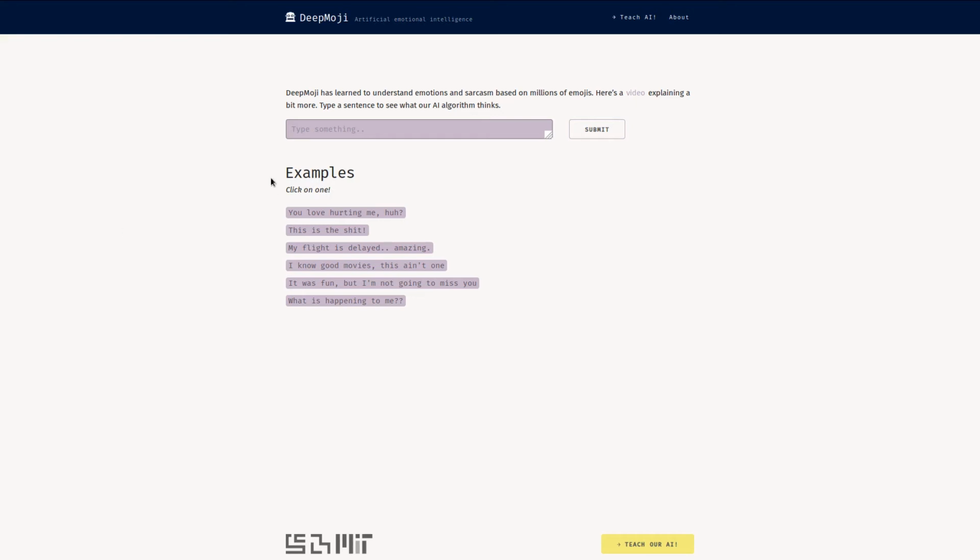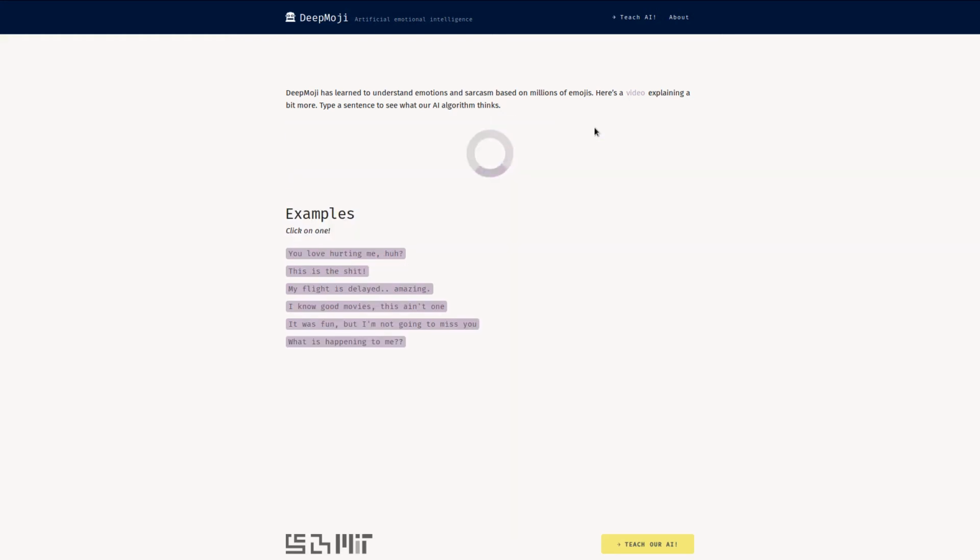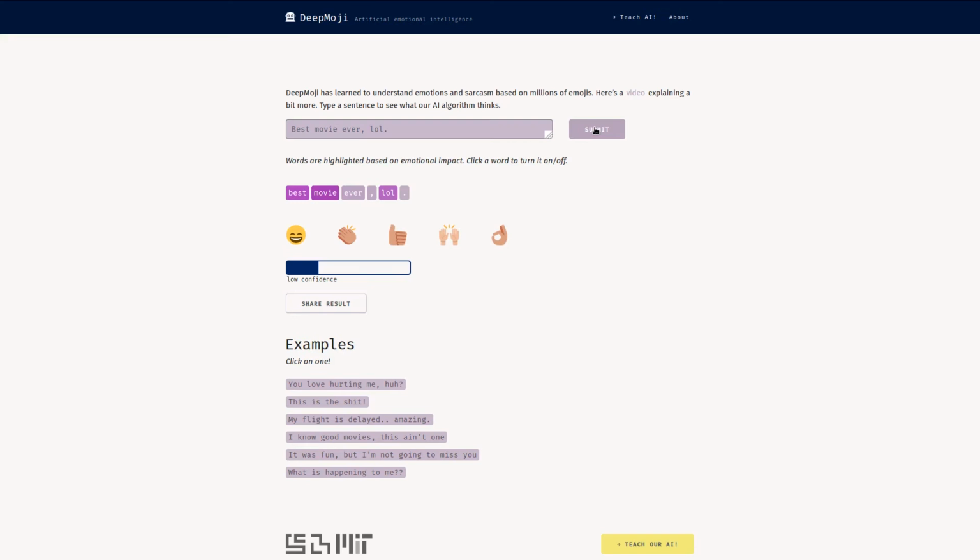So let's try our example sentence. Best movie ever. And what you can see here is that it's actually associating this with a lot of positive sentiment, even though it might have been sarcastic.